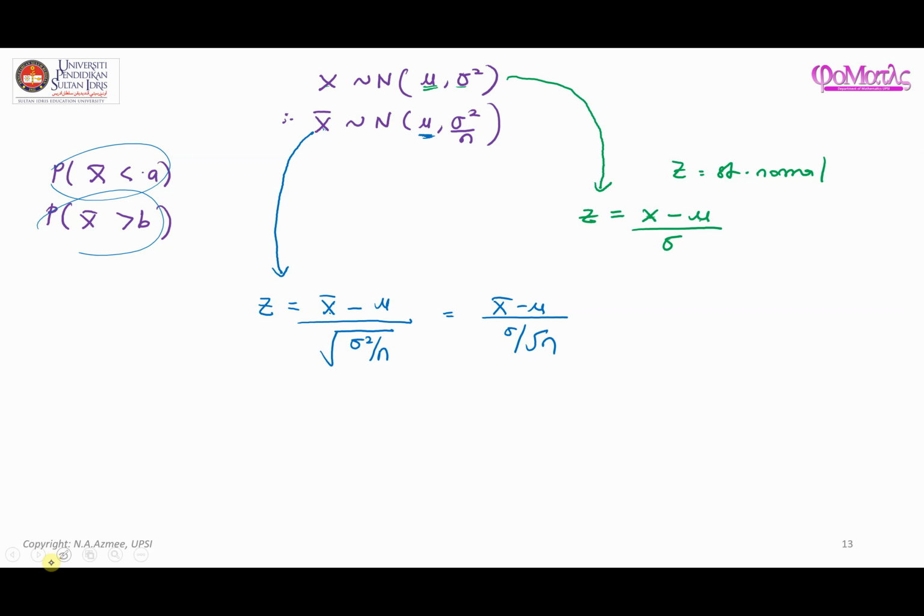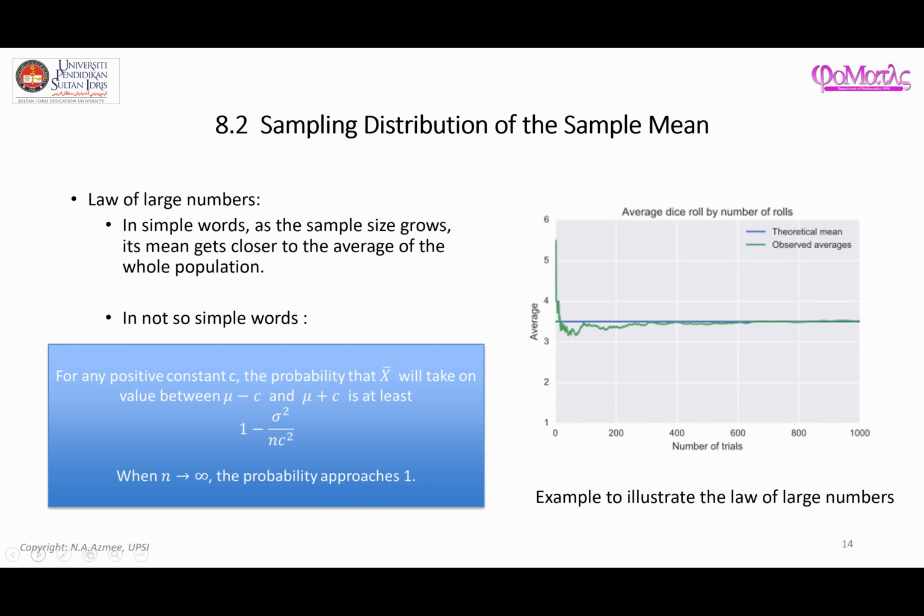Now let's move on to the next idea related to the sampling distribution, which is the law of large numbers. In simple words, it tells you the behavior of the sample mean. It tells you how the sample mean behaves when the sample size gets larger and larger.